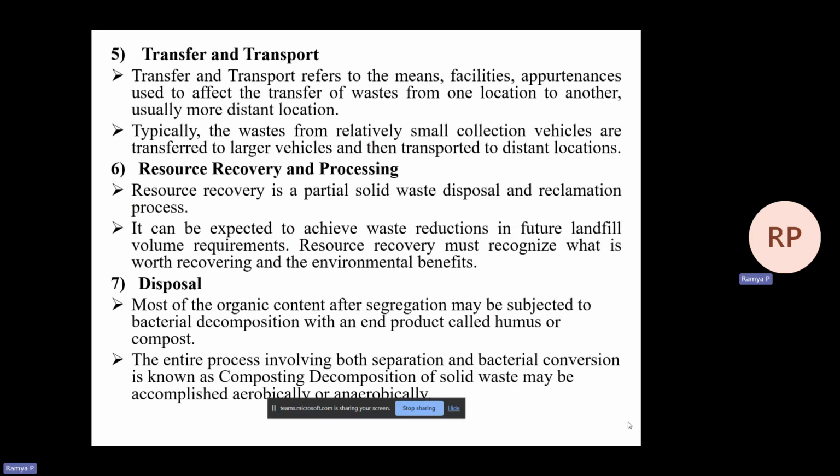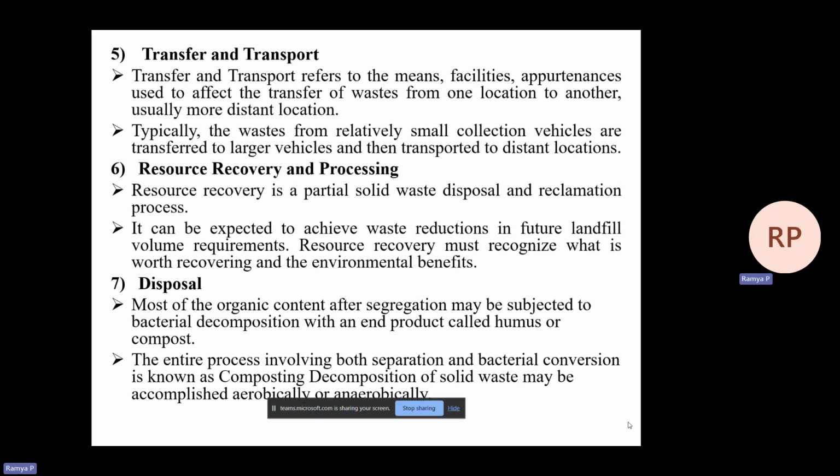If it is small collection vehicles, then it is transferred over a very small distance. If it is larger vehicles, then it is moved for a longer distance. Based on the collecting point and the route maps, they decide the transportation and the transfer station.